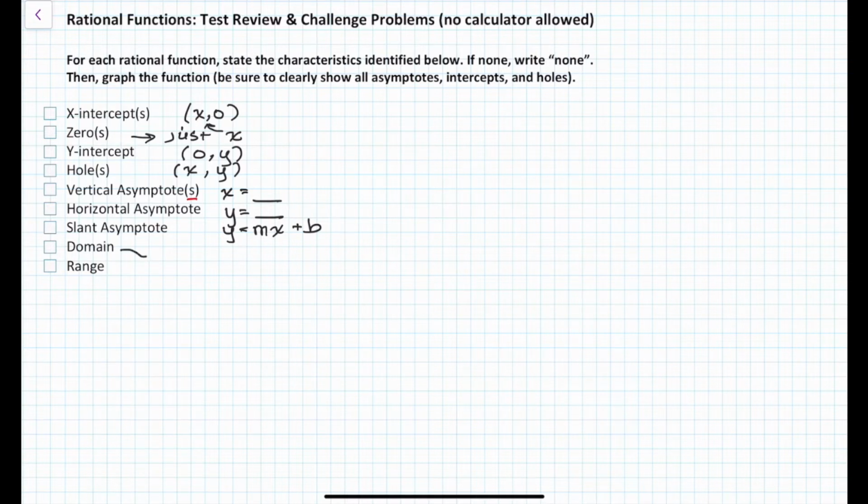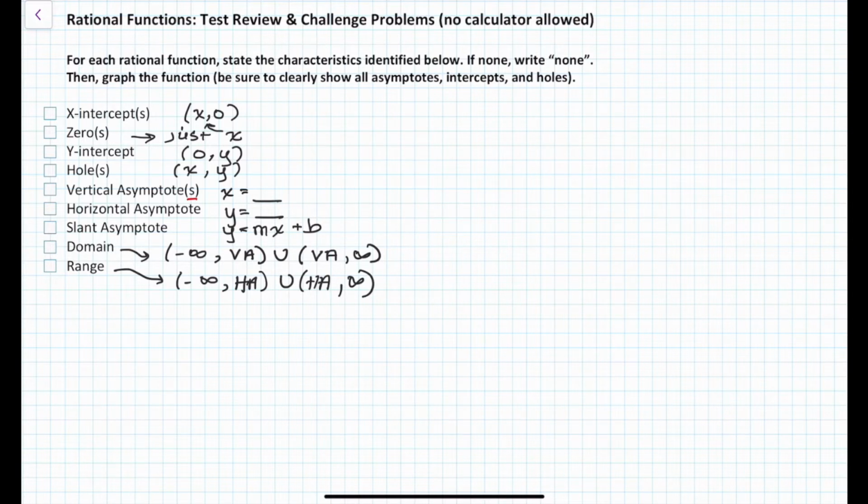Domain and range, you always use interval notation when you write your answer, and usually the domain will be negative infinity to whatever the x value of your vertical asymptote is. So you're going to jump over that vertical asymptote and then, or more, there might be more than one vertical asymptote, so be careful there. And then same with the range. So the range, you're probably only going to be asked to identify the range if it's a pretty simple function or maybe if there's a hole in the function.